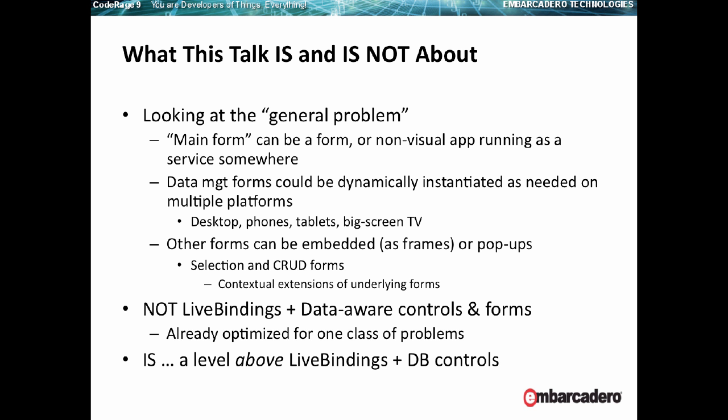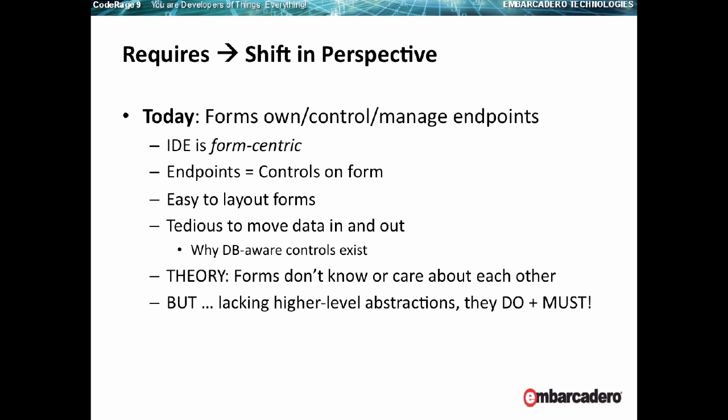They're really contextual extensions of the underlying forms. What I'm not talking about is live bindings and data-aware controls and forms. These have already been optimized for a particular class of problems, and more specifically, where they result in very tightly bound and highly coupled code. What I'm really looking at is something that's a level above the live bindings and data-aware controls.